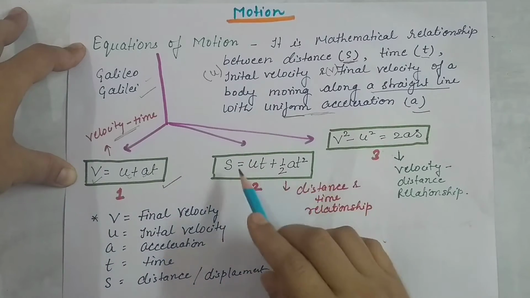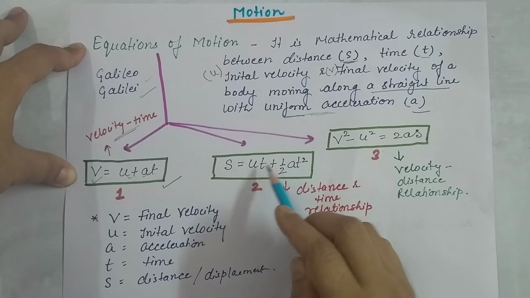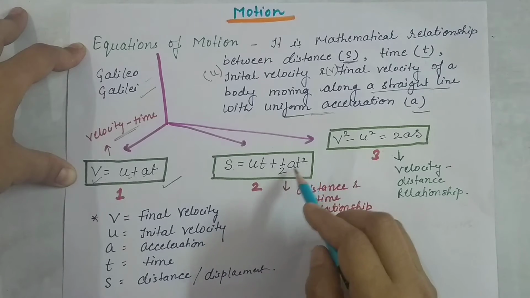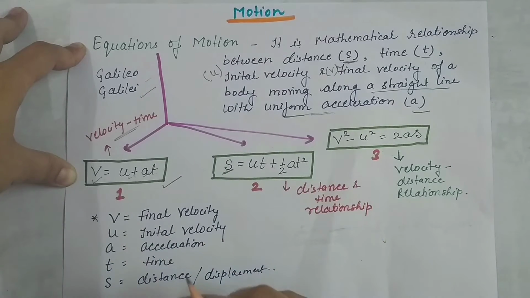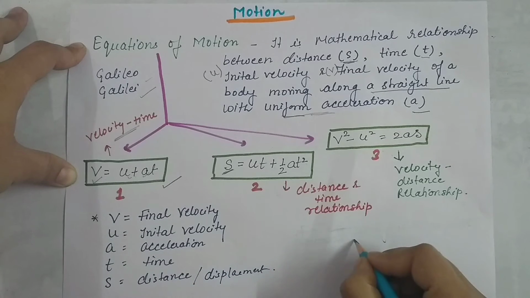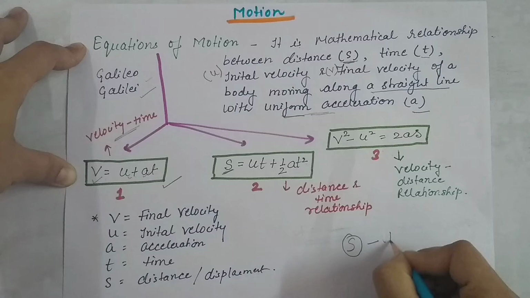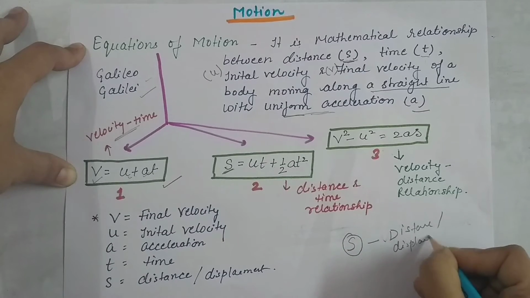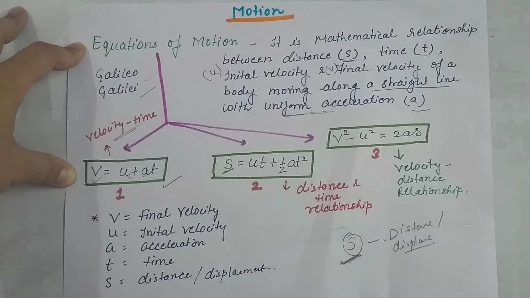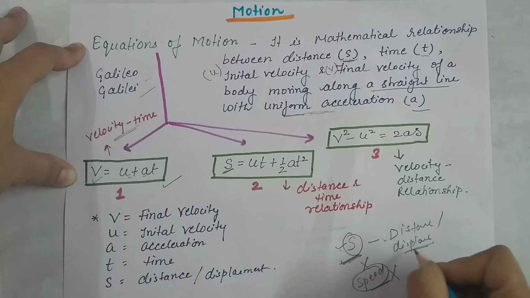The second one is s is equal to ut plus half at square. When you see s, the first thing that comes to mind may be velocity, but in physics s is used for measuring distance or displacement, not speed or velocity.